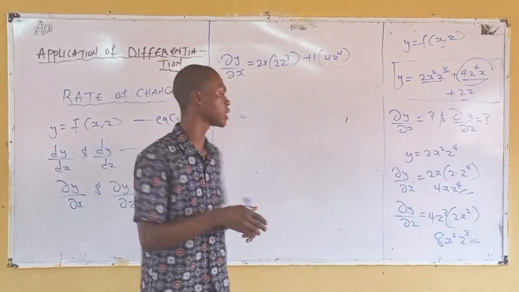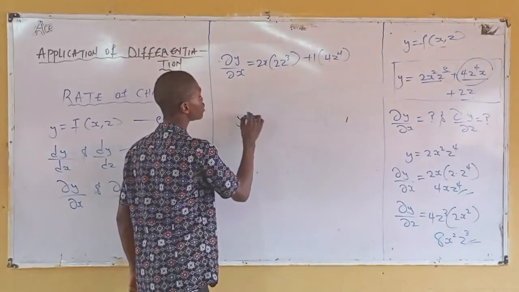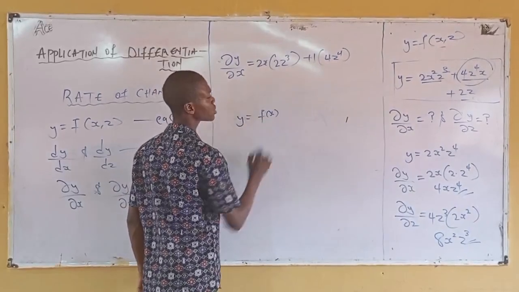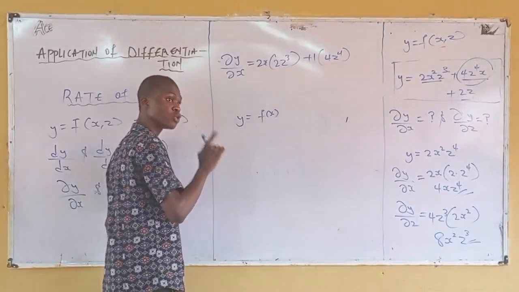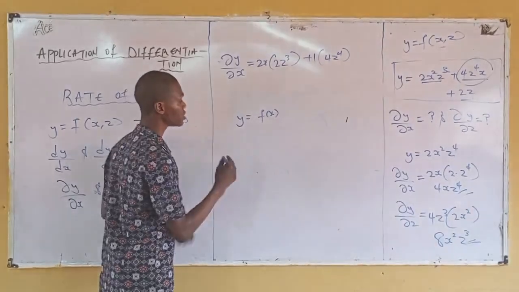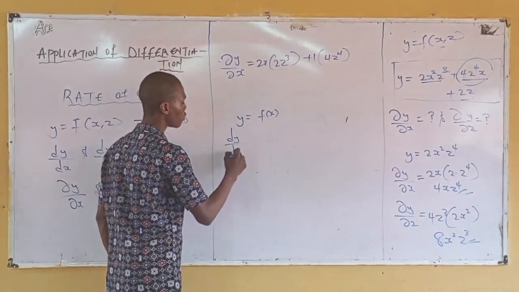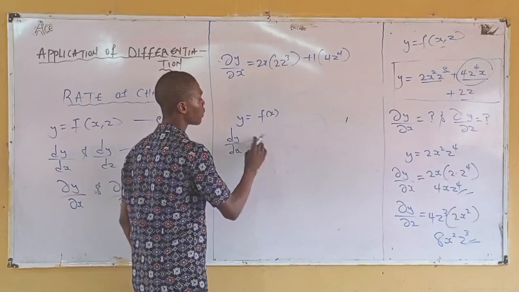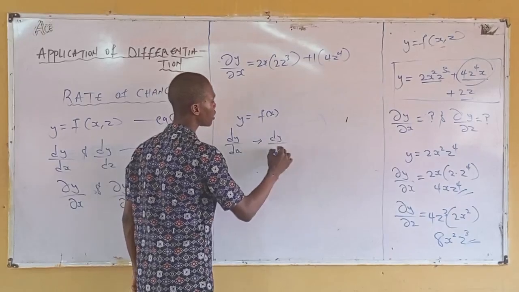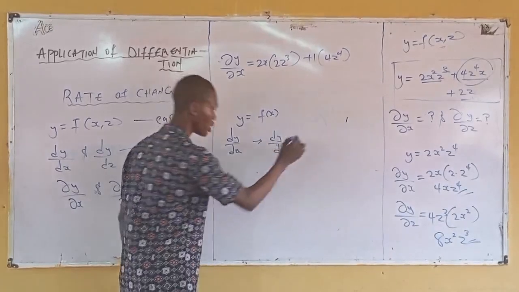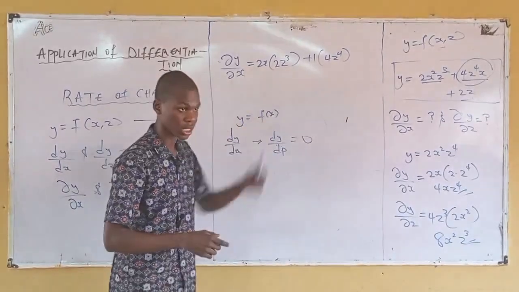Which implies that given y is equals to f of x, you are expected to find the derivative, and the expected derivative in this case is dy over dx. Now using this same function, I'm telling you to find dy over dp. The answer to this will be 0. And that's what we just did here.